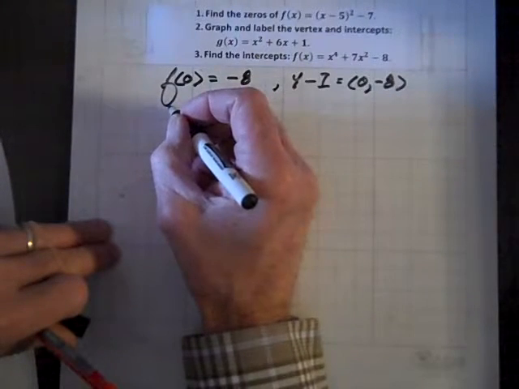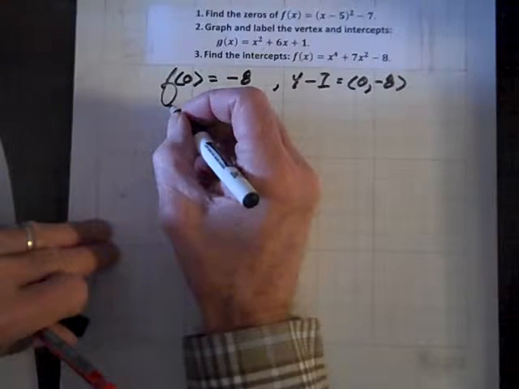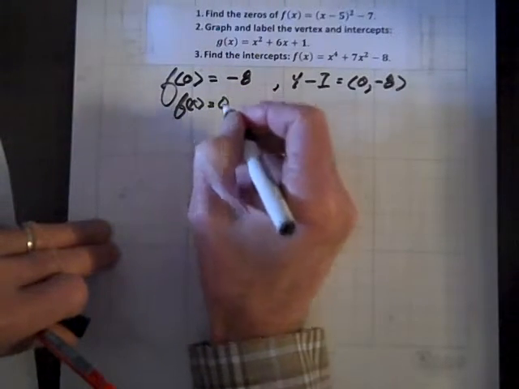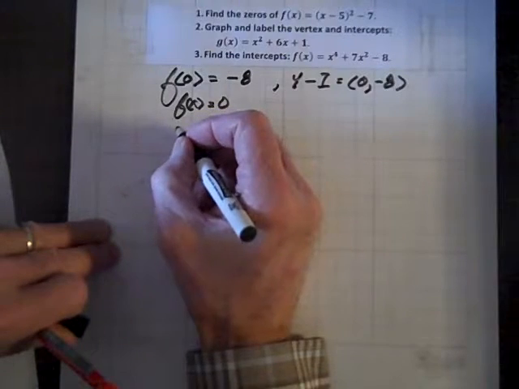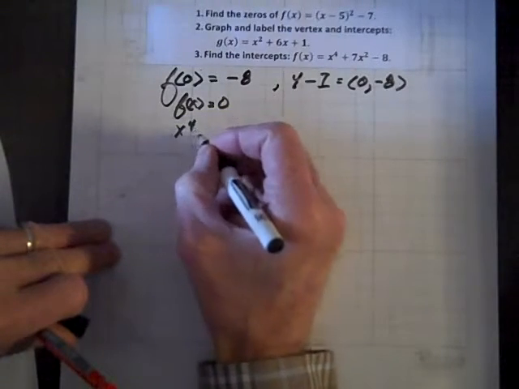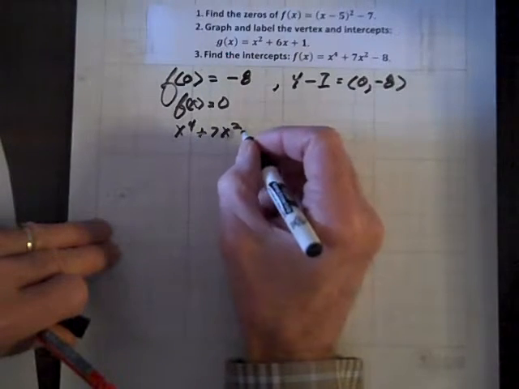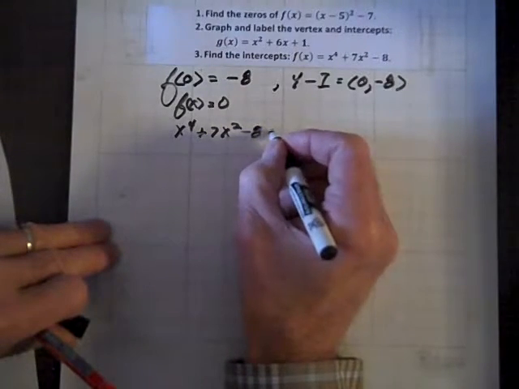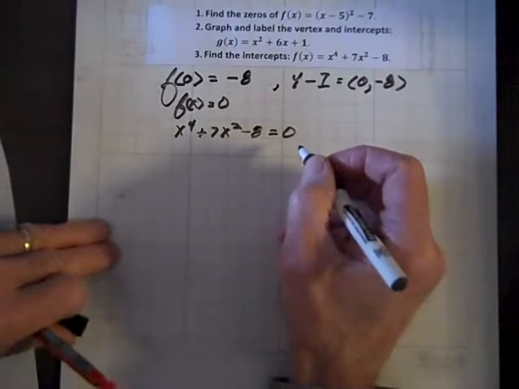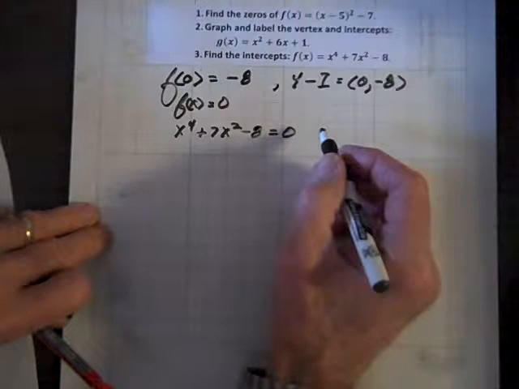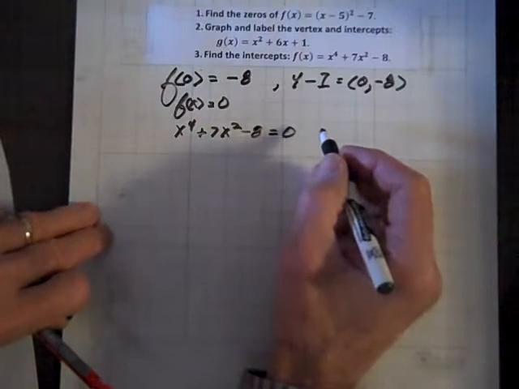So to do that, we'll set f of x equal to 0 and solve. Well, that means that x to the fourth plus 7x squared minus 8 must equal 0. Well, we have to factor that in order to find the zeros.